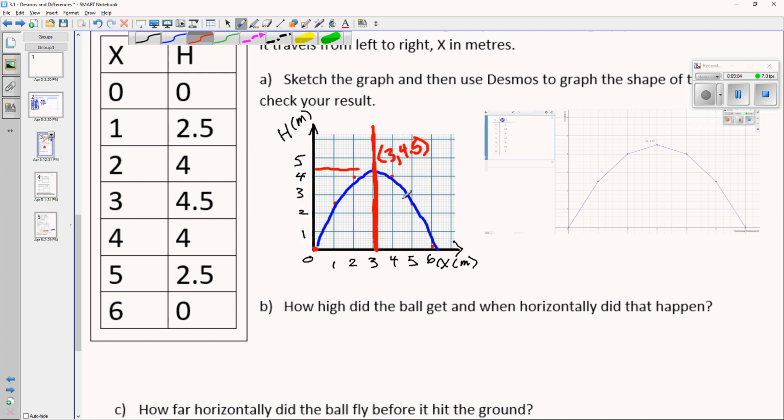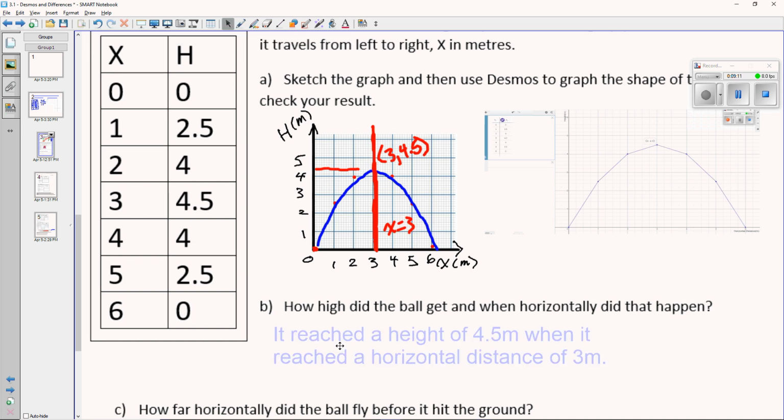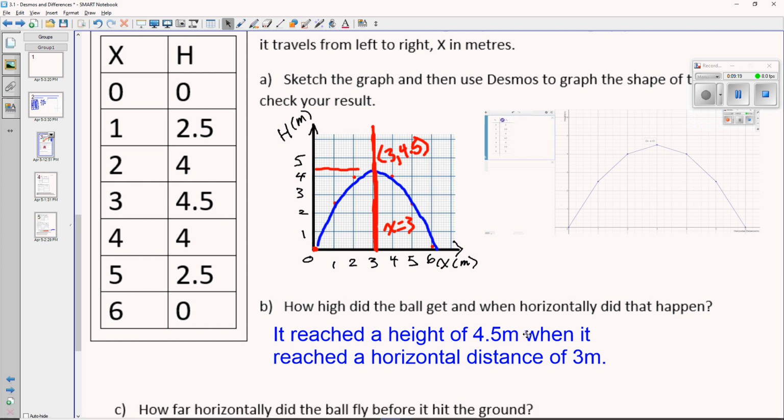In this case, our axis of symmetry was x equals 3. So what this means is it reached a height of 4.5 when it reached a horizontal distance of 3 meters. And so this was our y value. And then this was our x value.